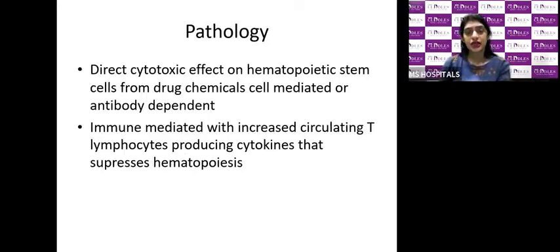There is a direct cytotoxic effect on hematopoietic stem cells from drugs or chemicals, which can be either a cell-mediated response or an antibody-dependent response. It's immune mediated, with increased circulating T lymphocytes producing cytokines that suppress hematopoiesis.